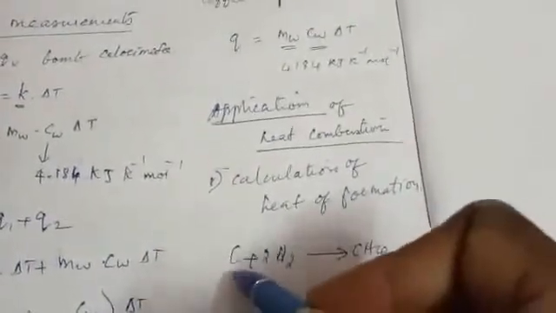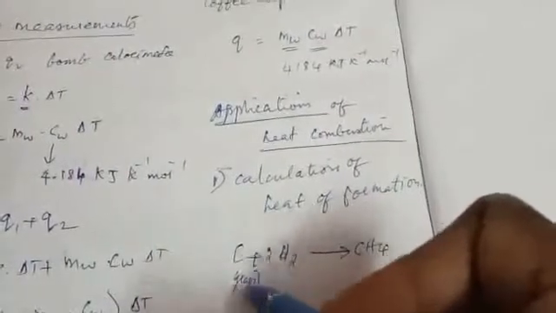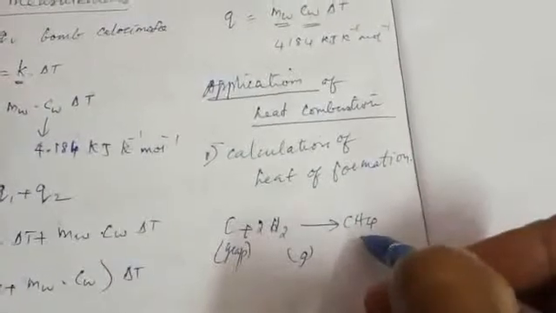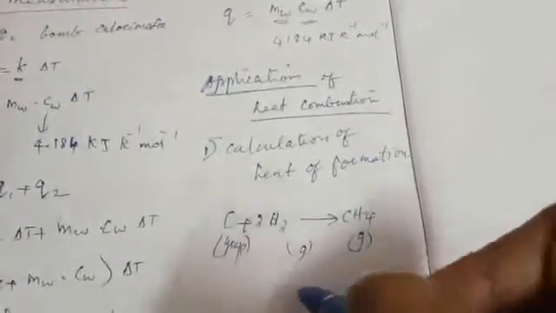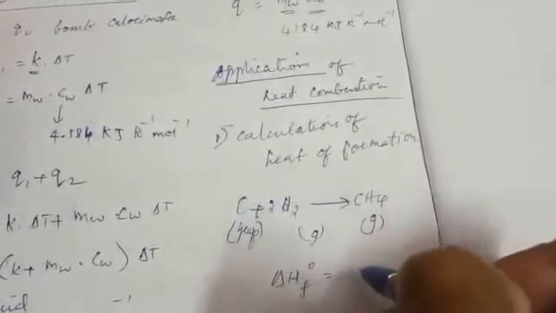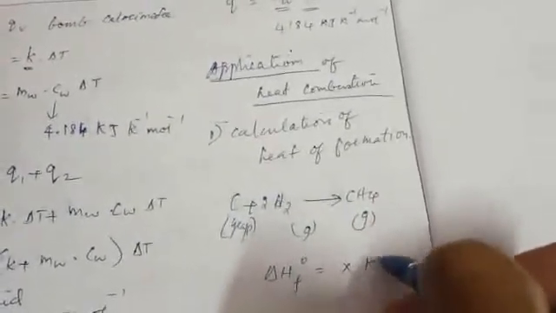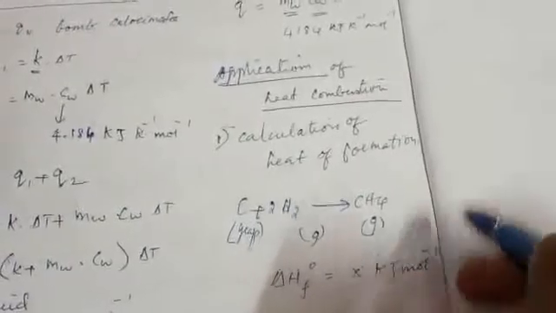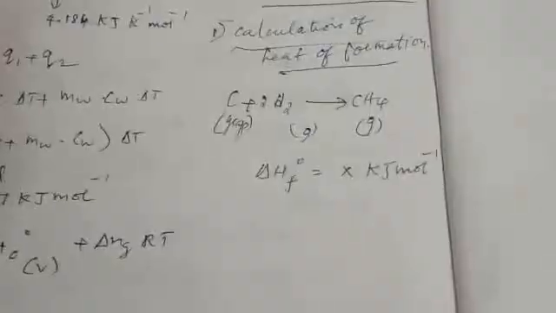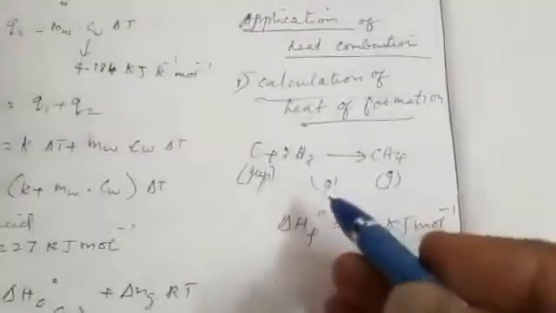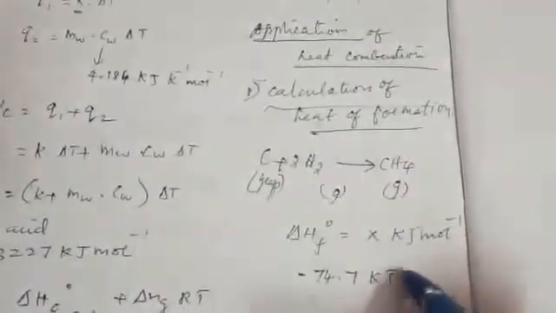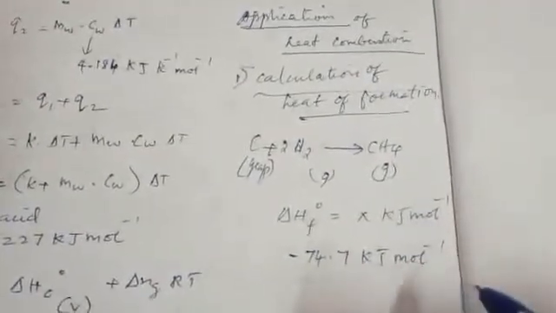Carbon is graphite, hydrogen is a gas, methane is also a gas. In this reaction, heat of formation delta H degree equal to x kilojoule per mole. That is the calculation of heat of formation. That value is minus 74.7 kilojoule per mole.